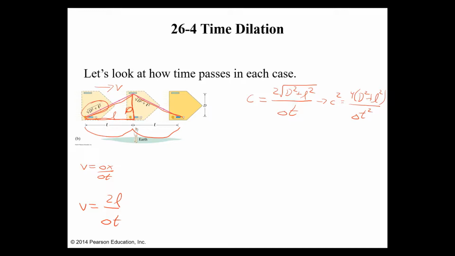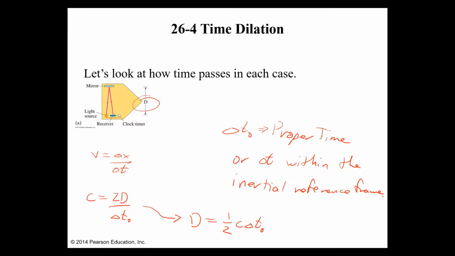All right. Now let's get rid of the fraction. c squared times the change in time squared is going to be 4 times d squared plus L squared. Well, d we solved in the last slide. Remember that d is equal to 1/2 c times the proper time.